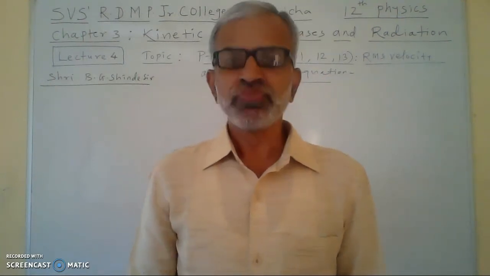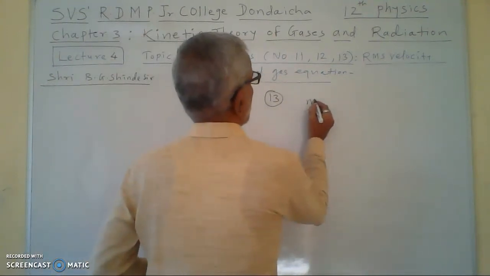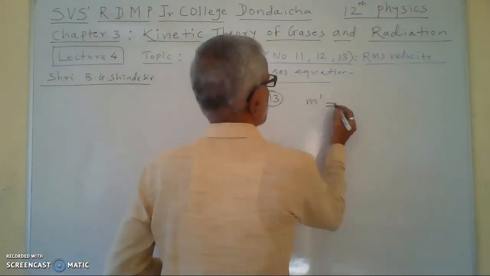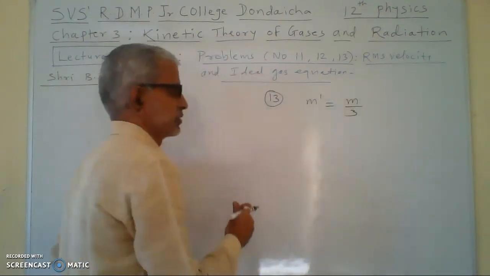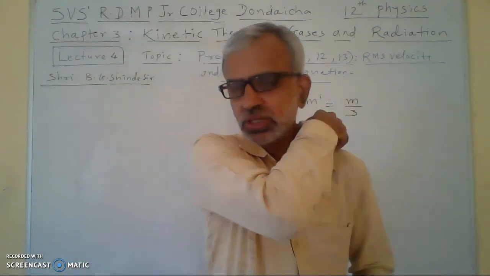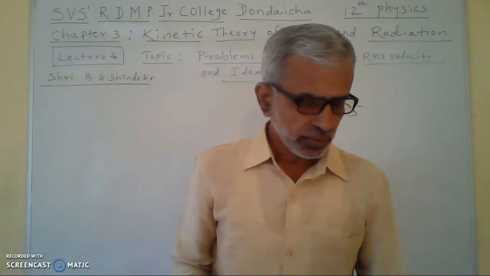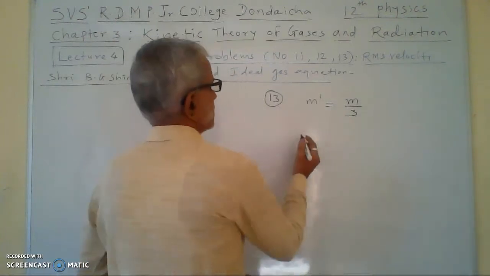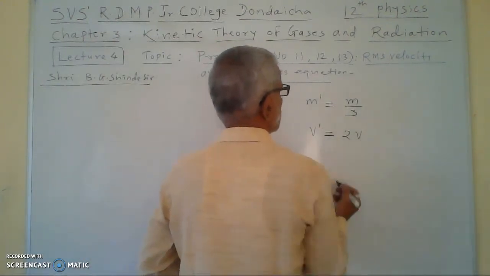So in this problem, mass m dash of the gas is m upon 3. It is 1/3, means the mass will be reduced by 1/3, and velocity is increased to twice v.